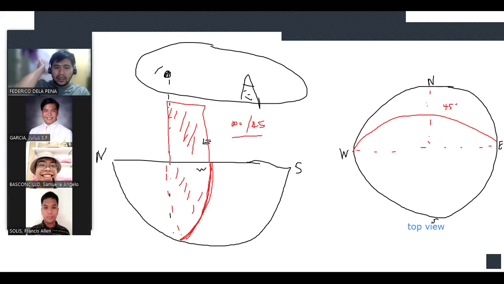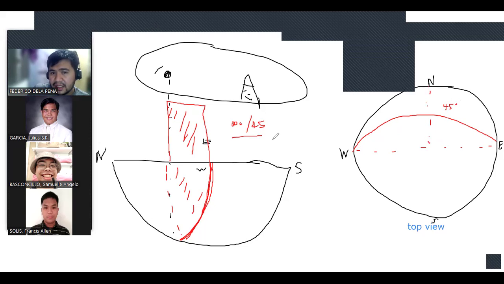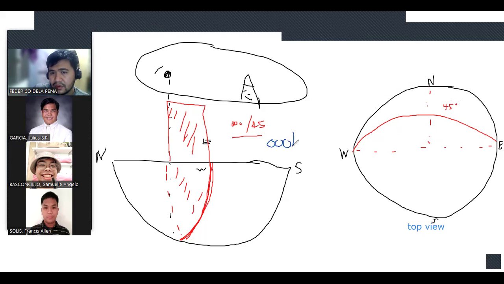Now if you have a discontinuity, let's say 000, 20 degrees, that would look something like this.